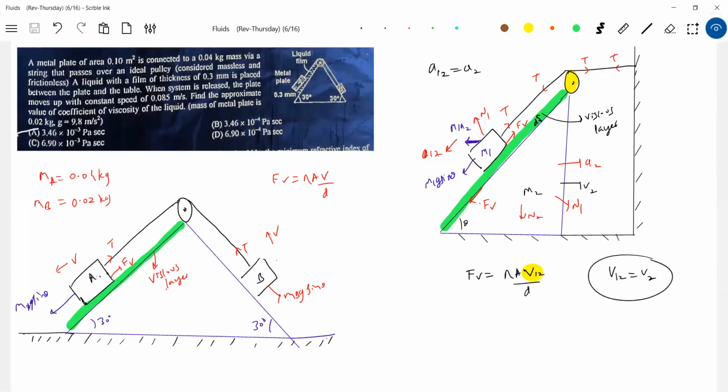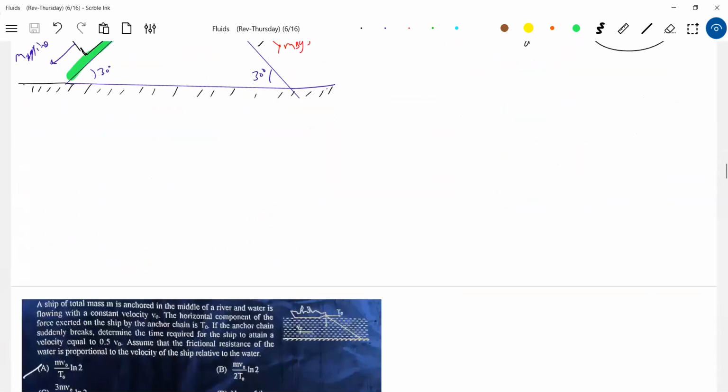He may give velocities, the velocity of the block with respect to wedge, and the velocity of the wedge. He may ask you what the viscous drag is. So velocity of the block with respect to wedge has to be substituted, not velocity of the block with respect to ground, because that is what relative velocity is. And this is a perpendicular distance. Okay, yeah, similar.